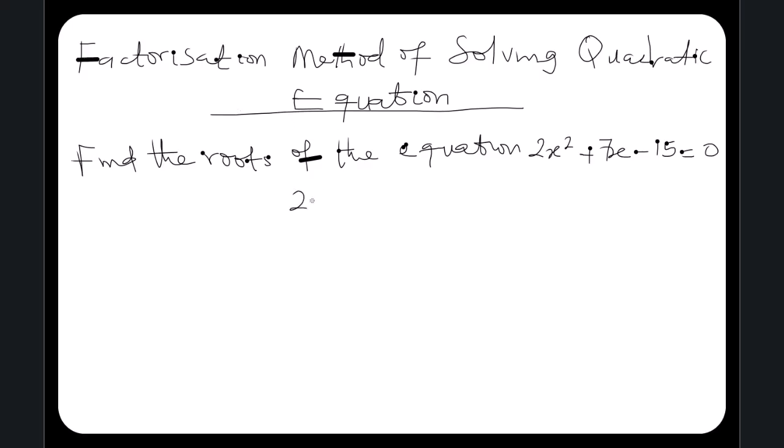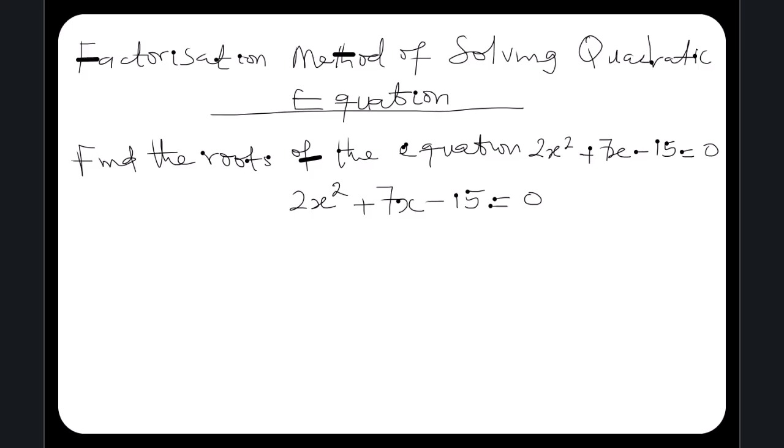2x² plus 7x minus 15 is equal to 0. The first thing to do, in case your question may not be this way, is to ensure you move every term you have at the right hand side of the equation to the left hand side of the equation.